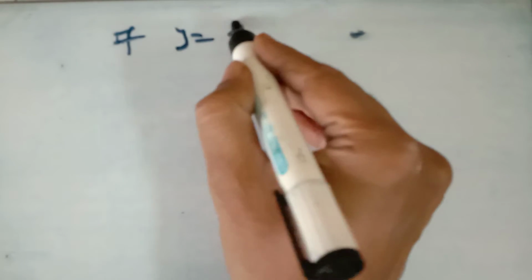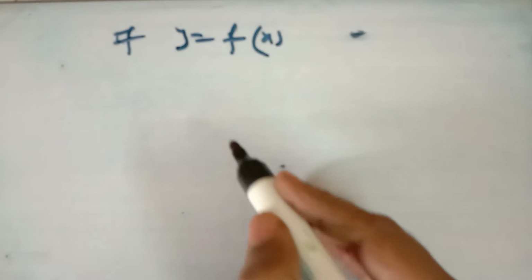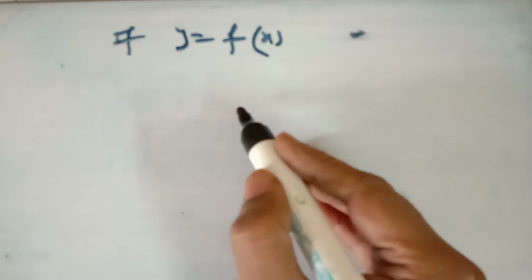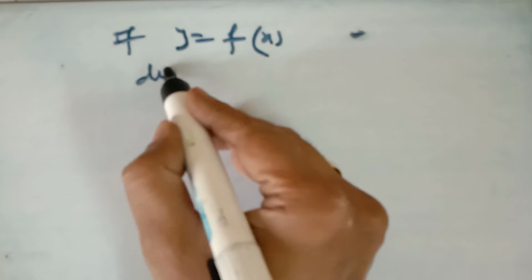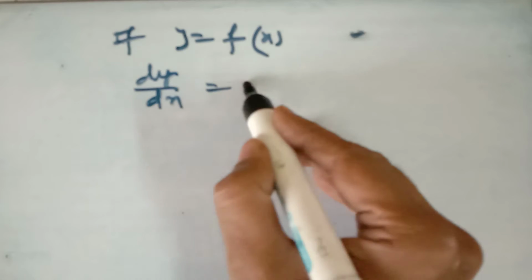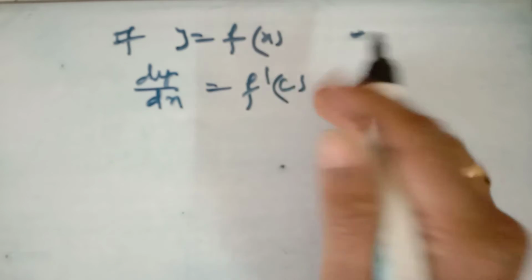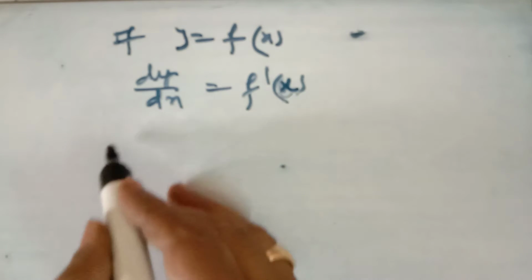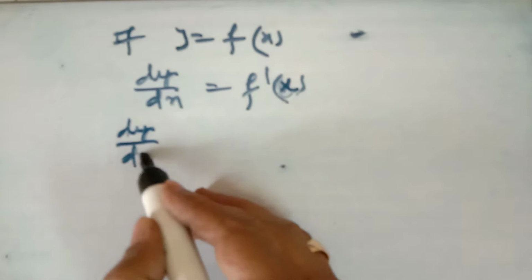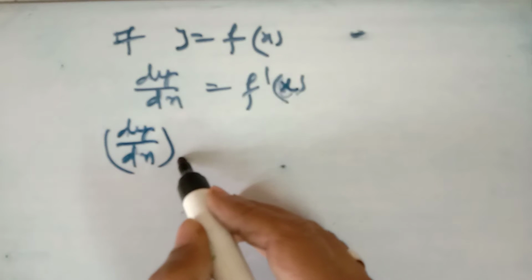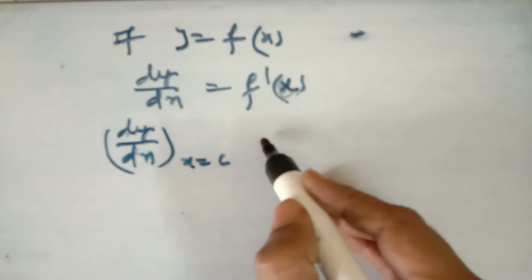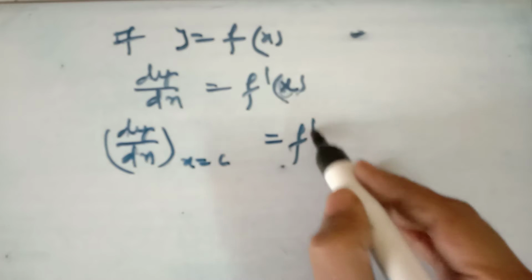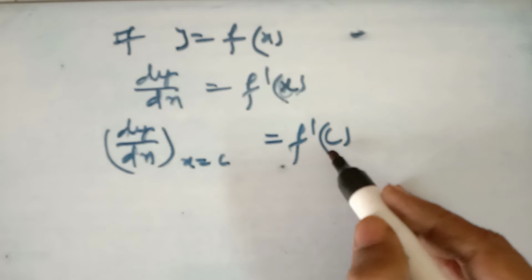Now if we let f(x) equal y, that is y equals f(x), then d by dx denotes the derivative of the real valued function at point x, and if we write d by dx at x equal to c, then it denotes the derivative of the function at a point c.